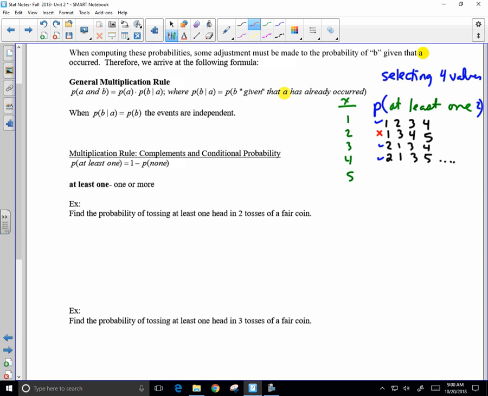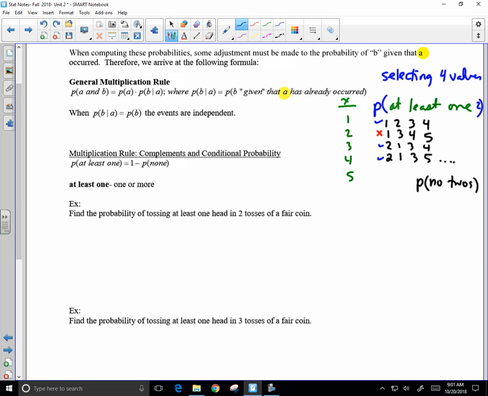The cases that don't are less numerous. All right? Just out of this list here, I had one way that didn't work, but 3 different ways that did work. So if I could figure out all the different ways in which it doesn't work, I would find the probability of getting no 2s.